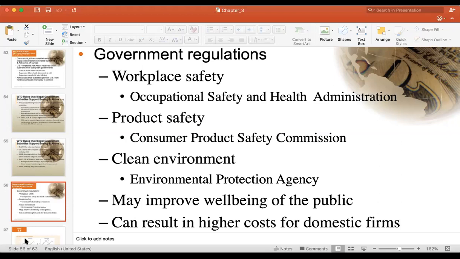And it's a very difficult issue. In other words, government regulations, on the one hand, happen to improve the well-being of the public. That's why we have government regulations. And on the other hand, they may actually destroy the competitive advantage that certain firms have. And this may lead to unemployment, it may lead to low production, it may lead to reduced consumption, etc. So this is a very thin line to walk on, if you will, which is presented to public policymakers.